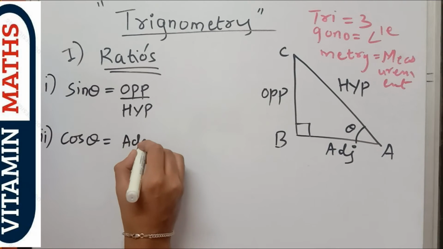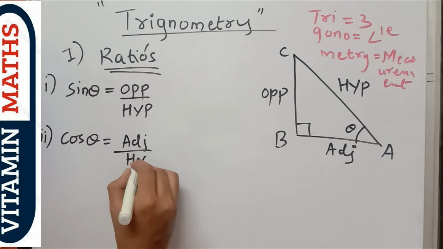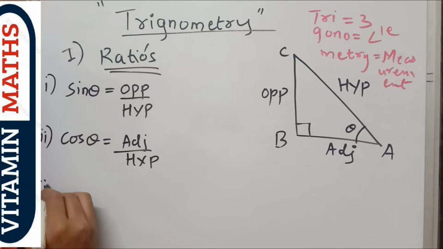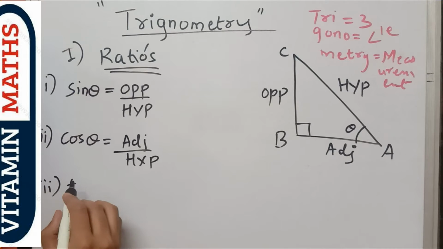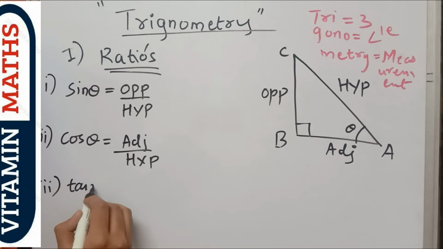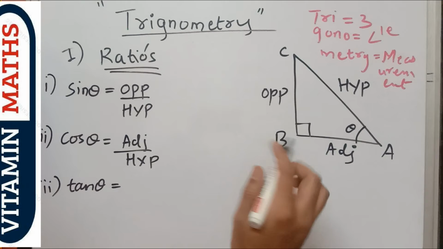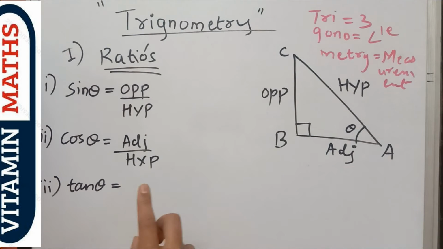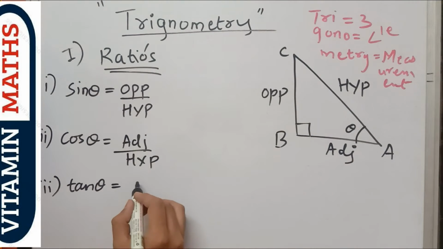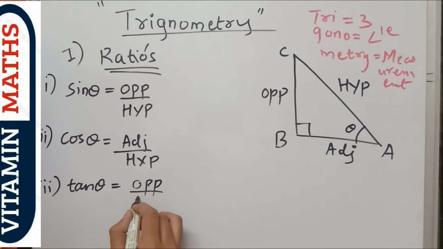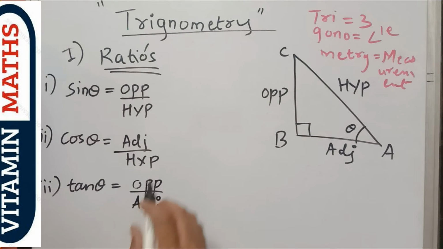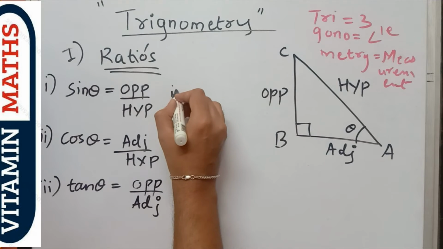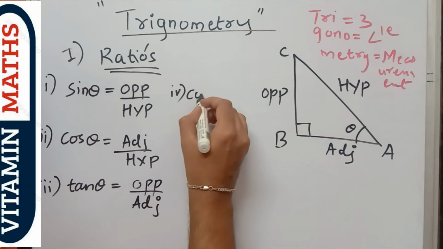Third one is tan theta, which is equal to opposite upon adjacent. We don't consider the hypotenuse here, so that is opposite upon adjacent.